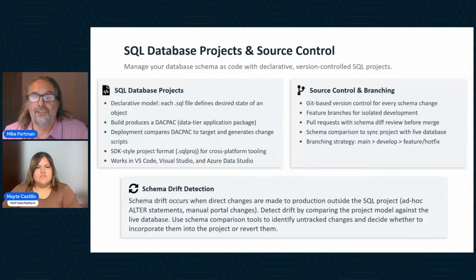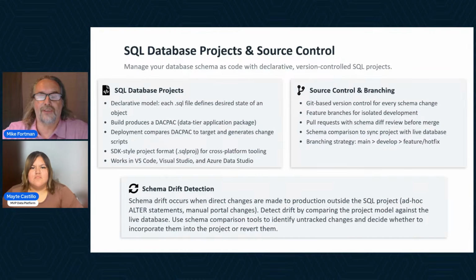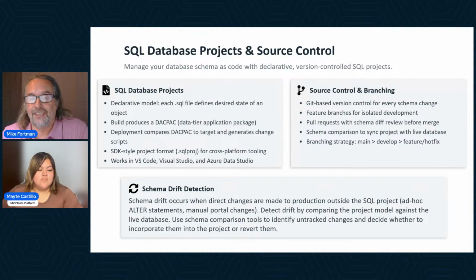When you go to deploy this to your production or to a test server, the SQL project feature looks at the definition of your live database and the definition in the DACPAC, and then it decides there are three changes. For example, there are two new columns and one new index. Instead of rewriting the entire database, it will generate the two ALTER TABLE ADD COLUMN statements and the ADD INDEX statement.